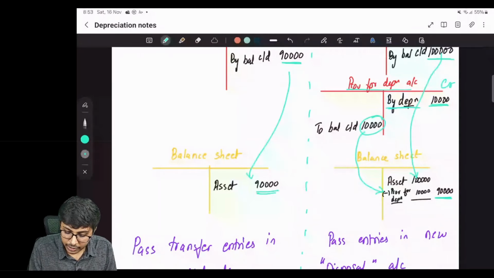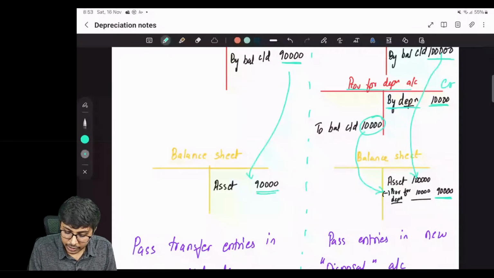Now, why did we discuss all this? Our topic of discussion was profit or loss on sale of fixed assets. Because profit or loss on sale of fixed assets, you will have to calculate in two different methods, depending on whether you have created provision for depreciation or not. So let's go quickly into it. If you have not created provision for depreciation, whatever sale entry you will pass in the same asset account.